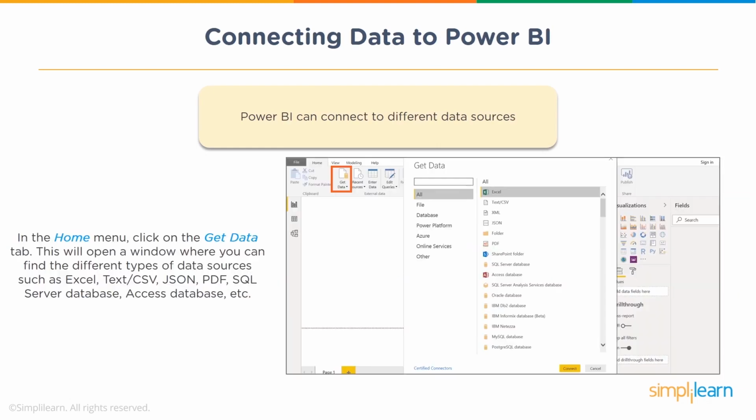We'll see that in a while. Basically you have an option which says Get Data, and that opens up a window where you can find different types of data sources such as Excel, CSV or text, JSON, PDF, getting data from databases, or directly accessing data from databases.